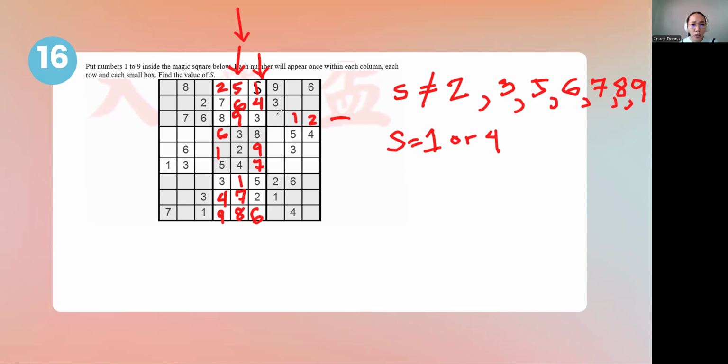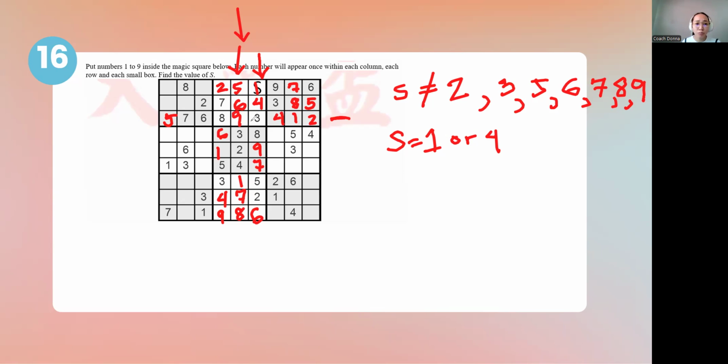The 4 should be here and then a 5 right here. 6, 7, 8, 9. If we have a 5 right here, 5, 6, and then a 7 and an 8 there. All right, are we repeating numbers? Please do tell me if I'm repeating a number.